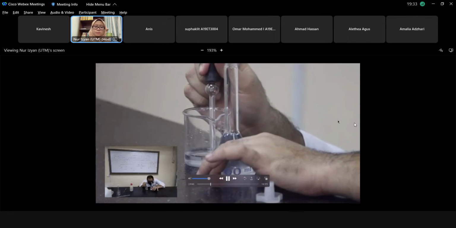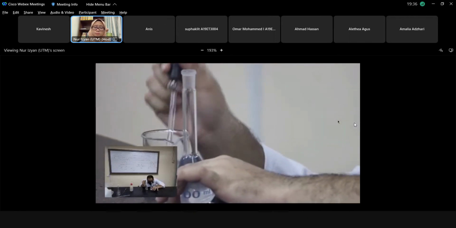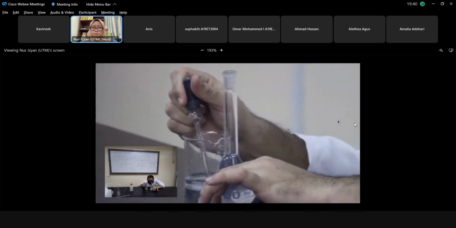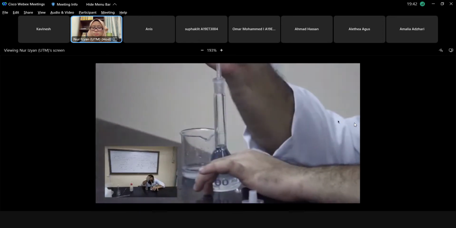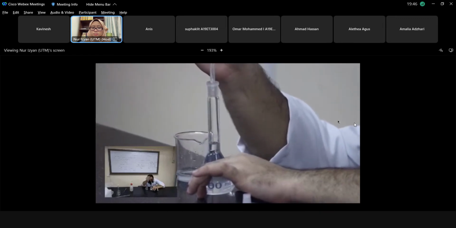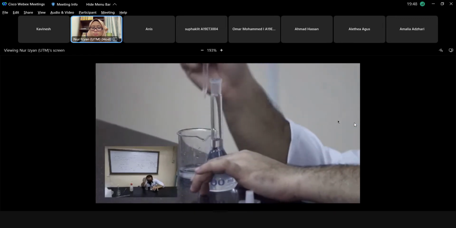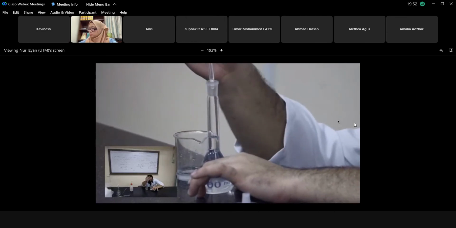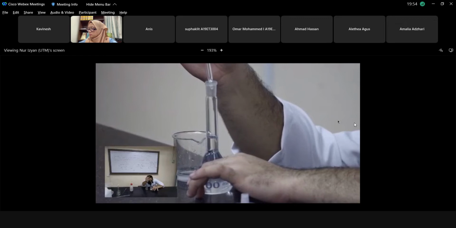Now I'm transferring a small amount of deionized water using the dropper to make sure that the meniscus attains the mark that I want. Now, it's about it. I think we got it.